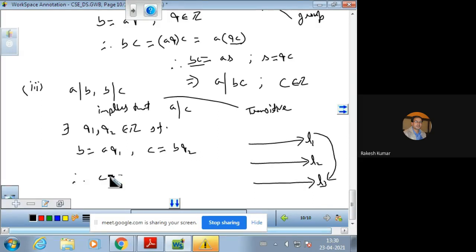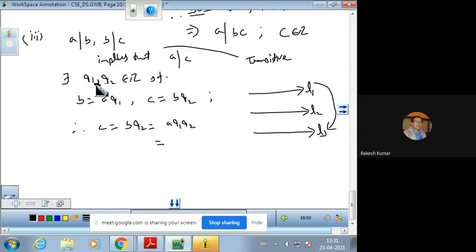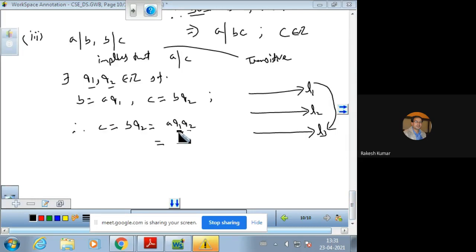So what we want to prove: C can be written as BQ2. Put the value of B here, so that is AQ1 times Q2. And we already know that if Q1 and Q2 are integers, and the set of integers is a group under multiplication, then the multiplication of two integers is also an integer by the closure property.